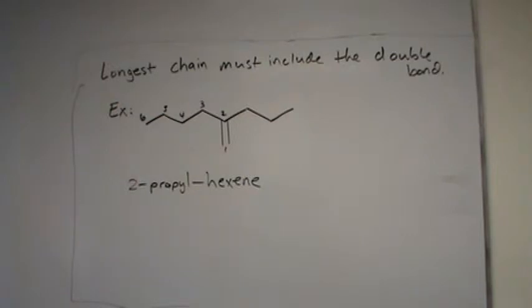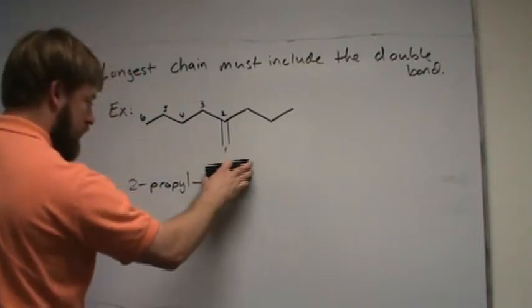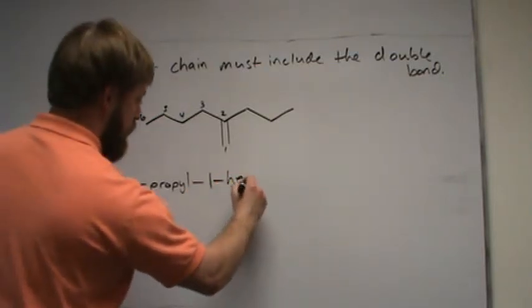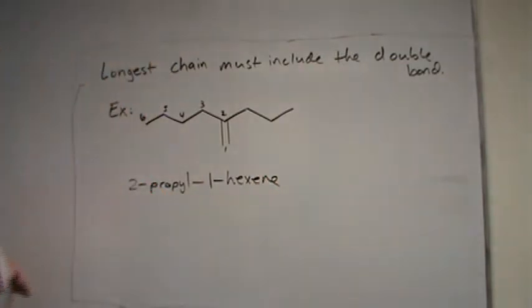Is that correct? We better make sure we go ahead and put a 1 in there so that we let everybody know exactly where the double bond is. So 2-propyl-1-hexene. Not too bad, right?